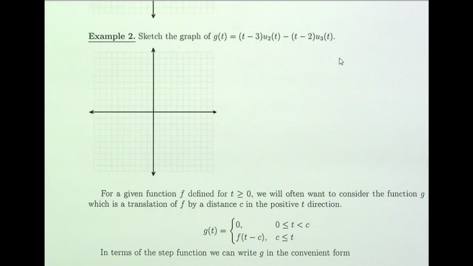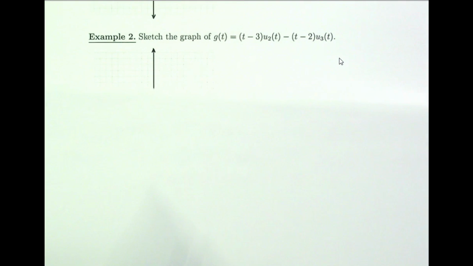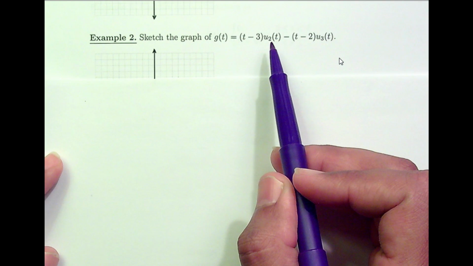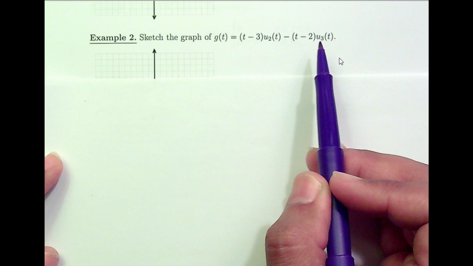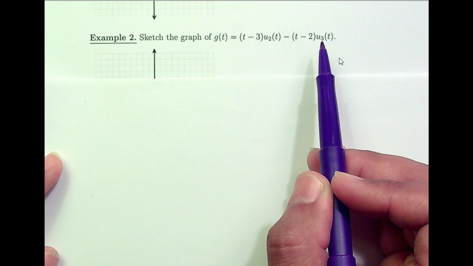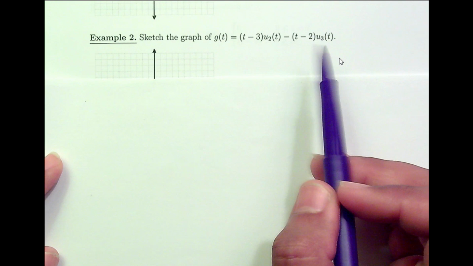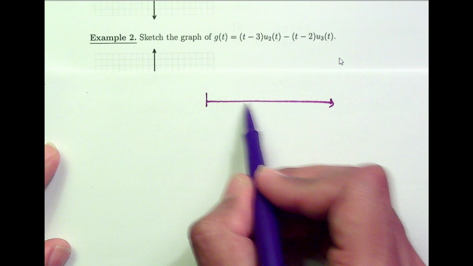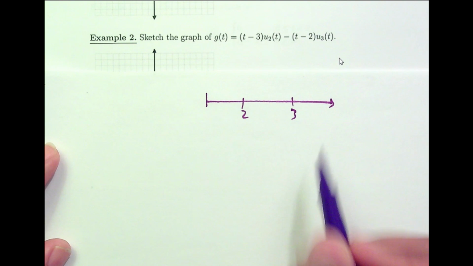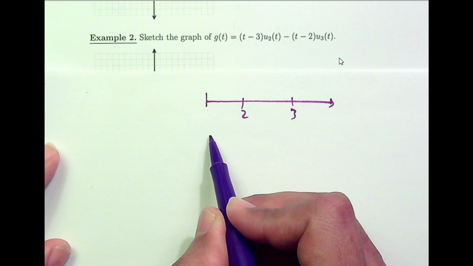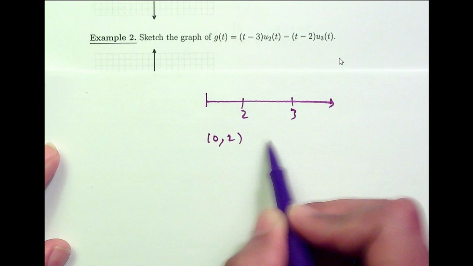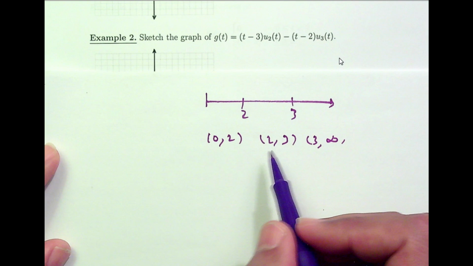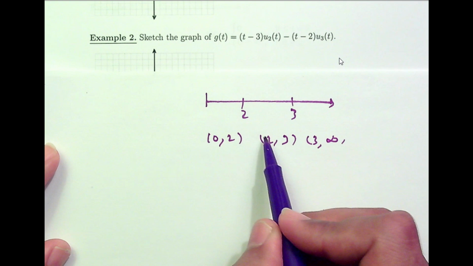Okay, the breakup happens again on the indices that you see. So there is something switching on at 2, and there's another change here at 3. So that means the domain is going to be split up into 3 pieces: between 0 and 2, 2 and 3, and 3 to infinity. And remember, for the Heaviside function, you include the left.